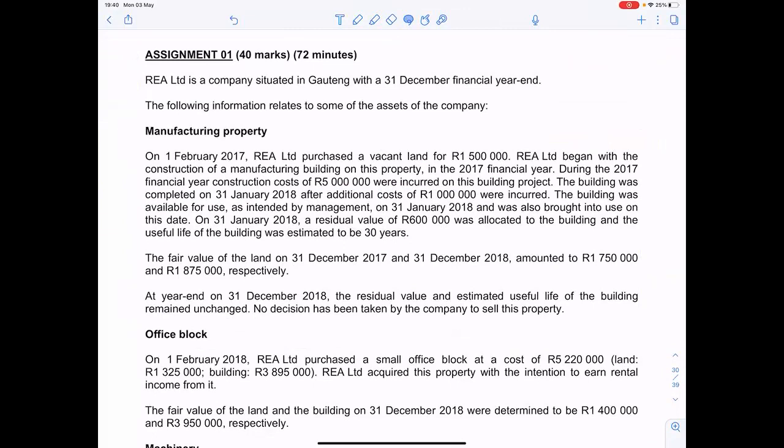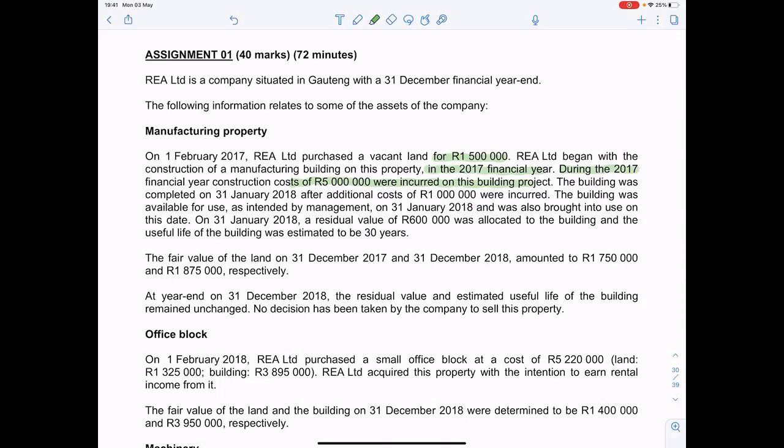So on the 1st of February 2017, they purchased a vacant land for 1.5 million. Ria Limited began with the construction of a manufacturing building on this property in the 2017 financial year. During the 2017 financial year, construction costs of 5 million were incurred on this project. So they only purchased the land without a building.